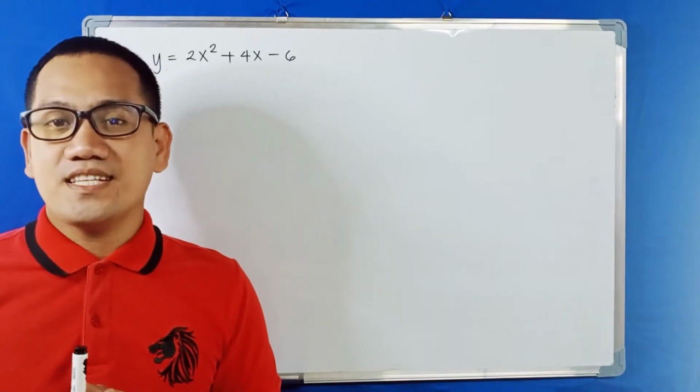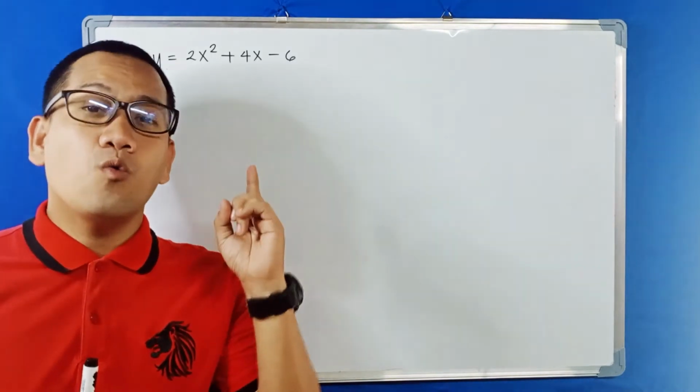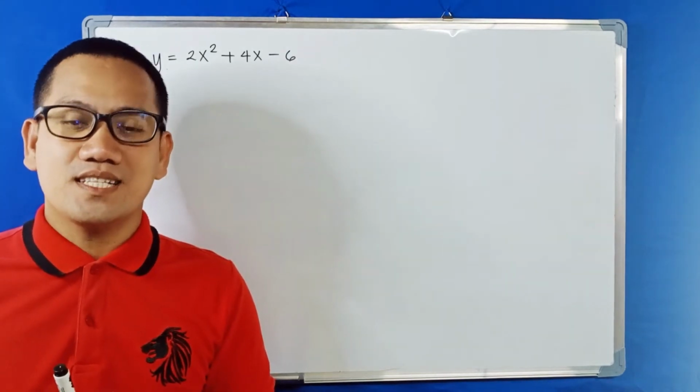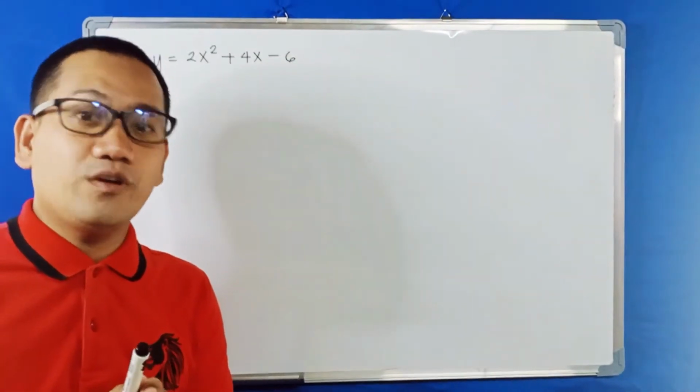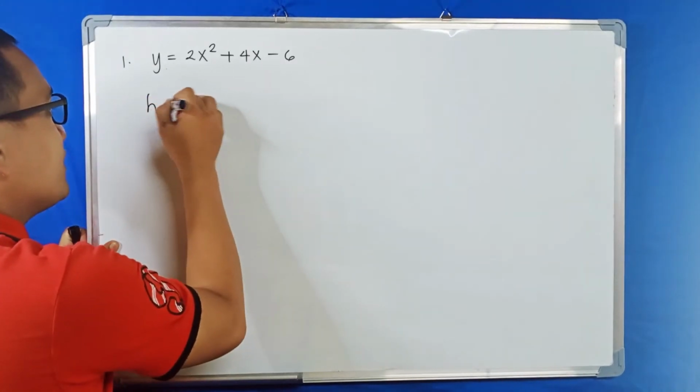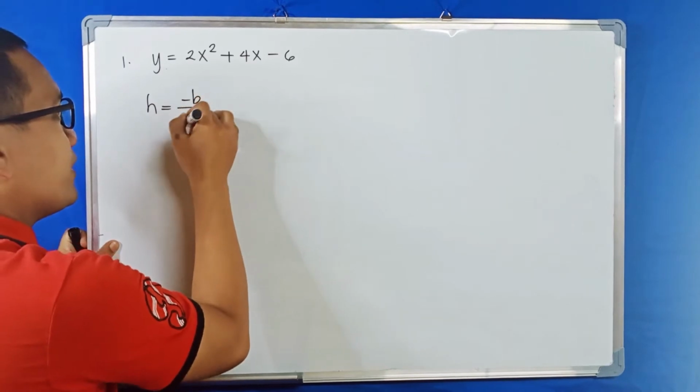This time, let's apply this in our first example, given y = 2x² + 4x - 6. Since we derived our formula earlier, let's solve our h using the expression negative b over 2a.